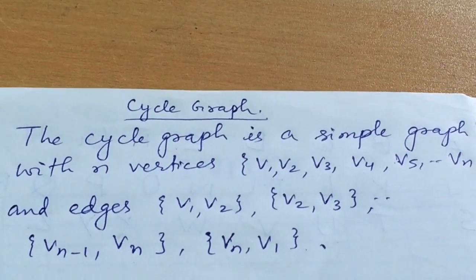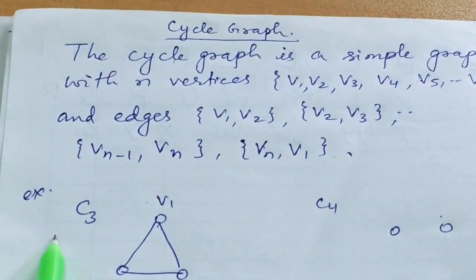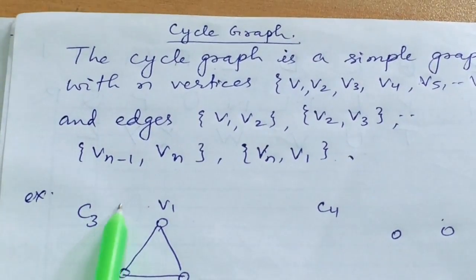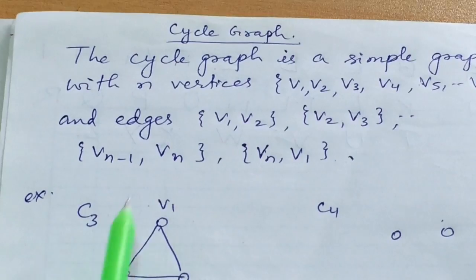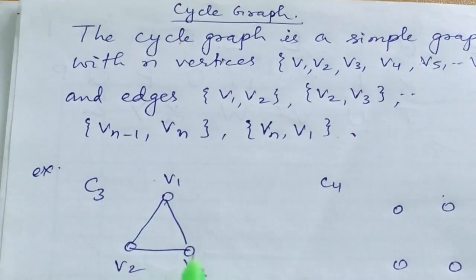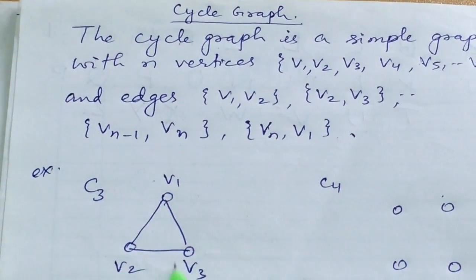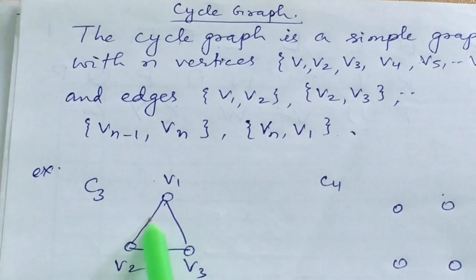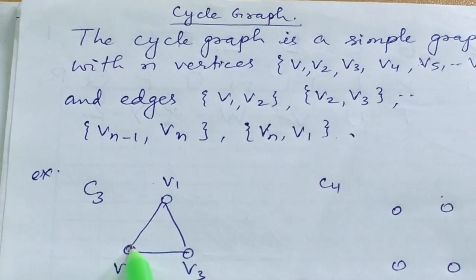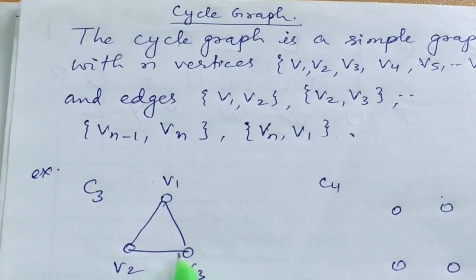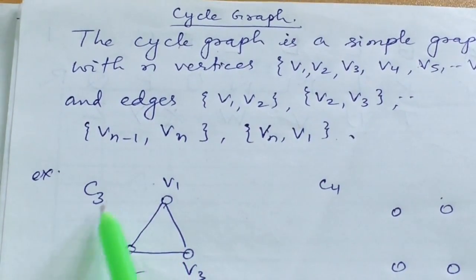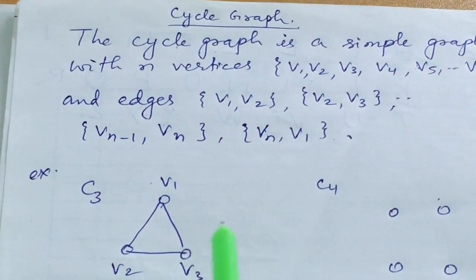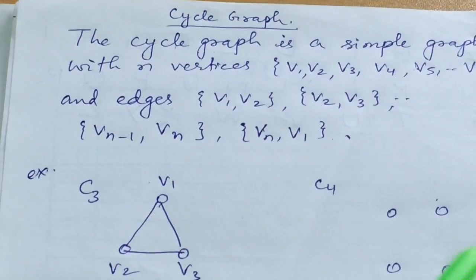Let's take one example, C3. C3 denotes that we have a cycle graph of three vertices. These are three vertices v1, v2, v3, and there is an edge from v1 to v2, from v2 to v3, from v3 to v1. So this is a cycle graph of three vertices.